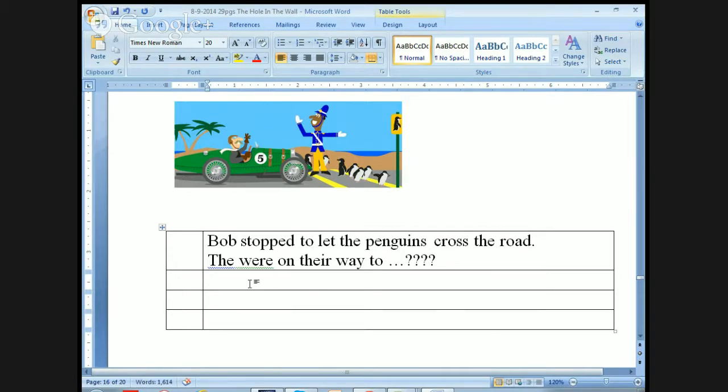Tell your story. Okay. Bob stopped to let the penguins cross the road. Just the story, teacher. You can't have any more than that. Just tell your story. You're down to 20 seconds already. Finish your story. Bob stopped in the street in order to let the penguin pass.